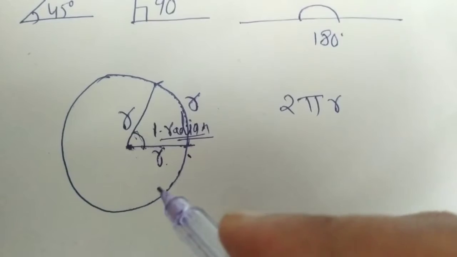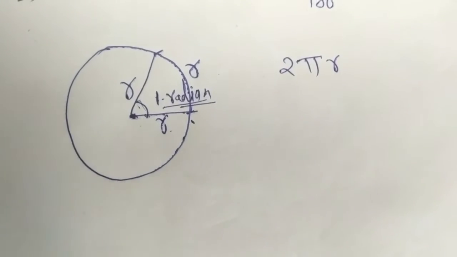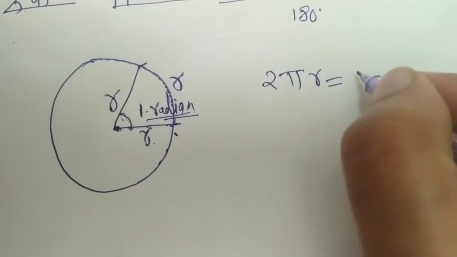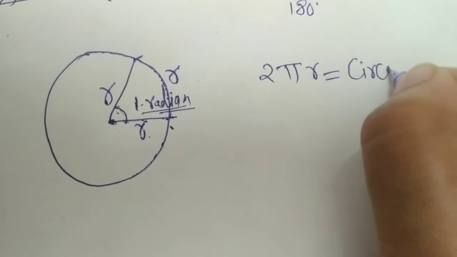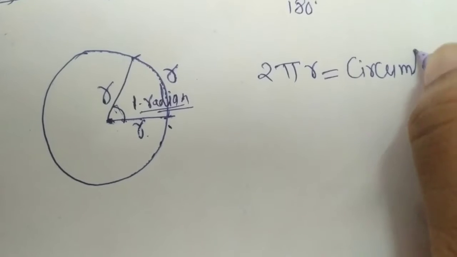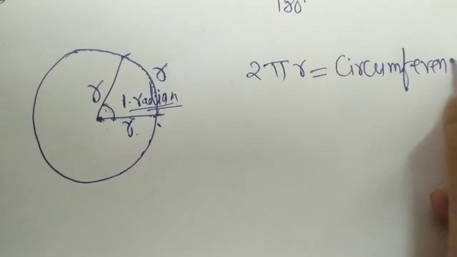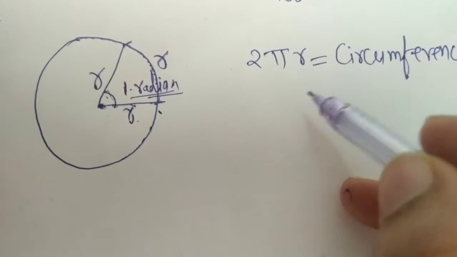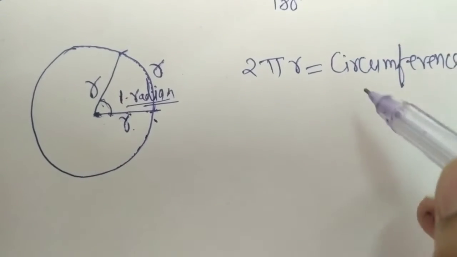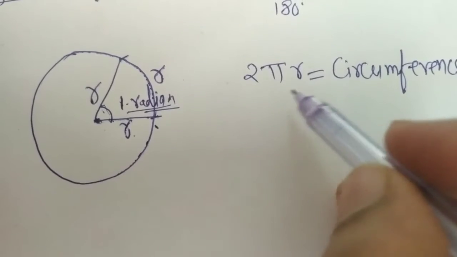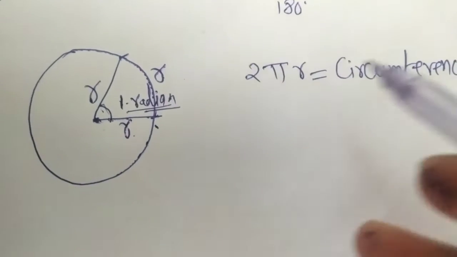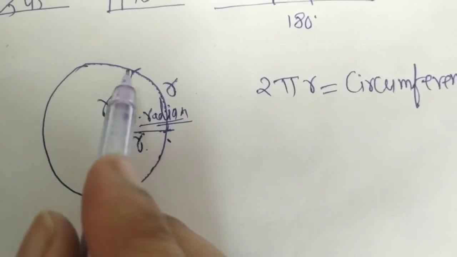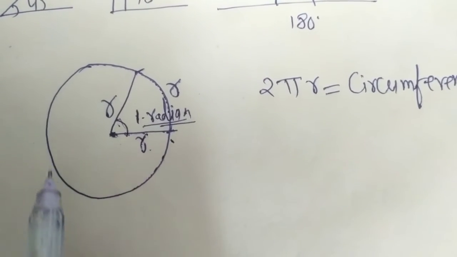This is the circumference of the circle. Now look here, how many arcs of length r can we cut?